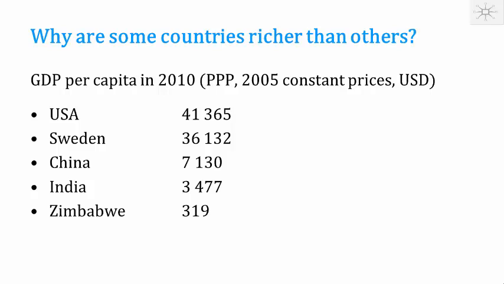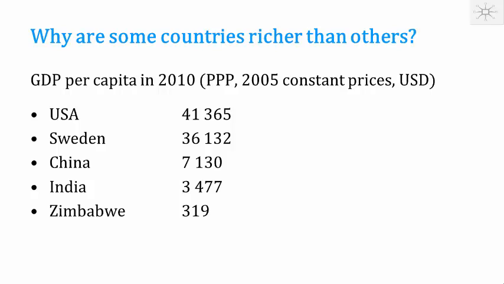Now, if you look at the real world, we are far from a situation where all countries have the same GDP per capita. If you compare the USA and India, you see that India has a GDP per capita which is less than a tenth of the GDP per capita in the US.